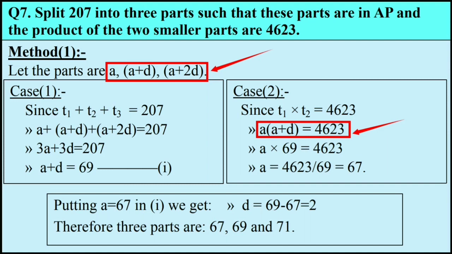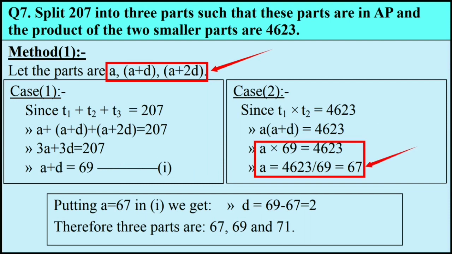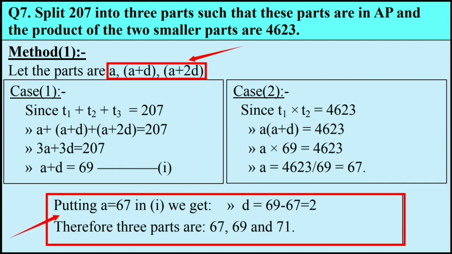T1 is replaced with A and T2 is replaced with A plus D. Fortunately here, A plus D is replaced with 69, which is equation number 1, and the equation automatically gets simplified to the lowest form. Finally, A multiplied by 69 is equal to 4623, and we get the value of A, 67. Now observe the third block.